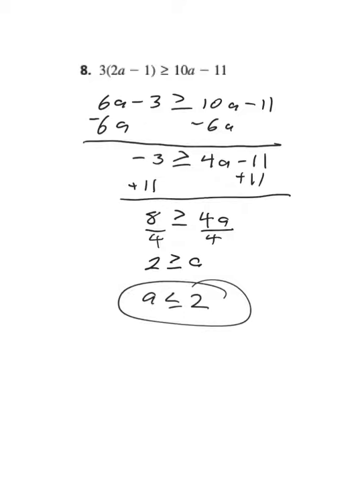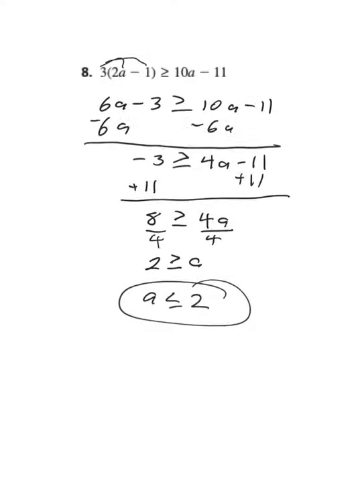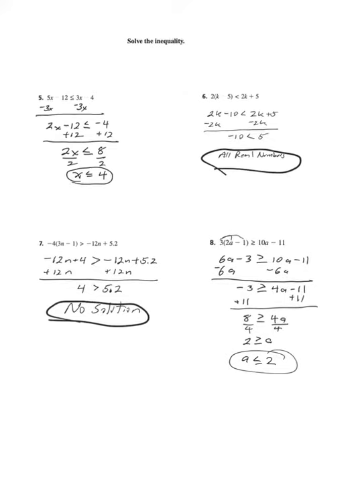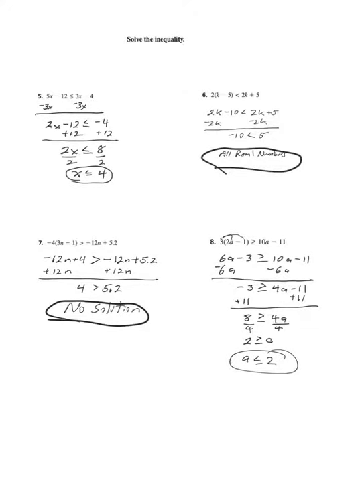You distribute the 3, and you end up with 6a minus 3, greater than or equal to 10a minus 11, subtracting the 6a, and then also adding the 11. Eventually you end up with 2 is greater than or equal to a, or a is less than or equal to 2. I don't know if you noticed on the instructions, it didn't say to graph, so you just needed to solve. All right, so let's go to the last page.